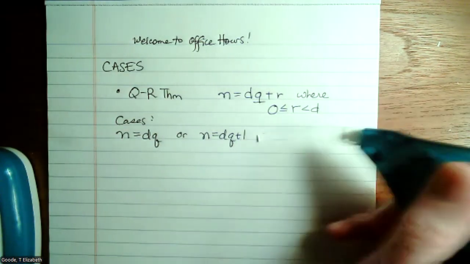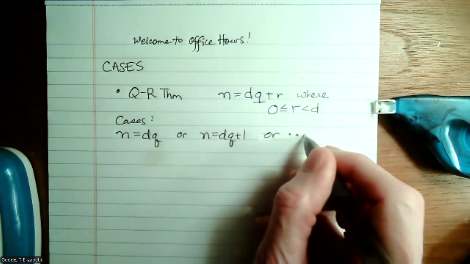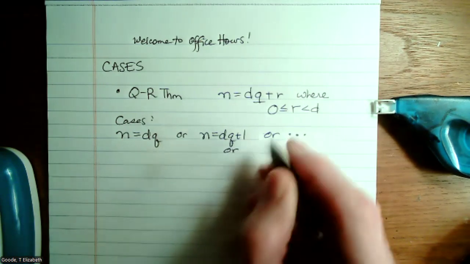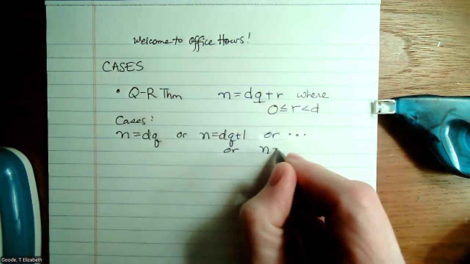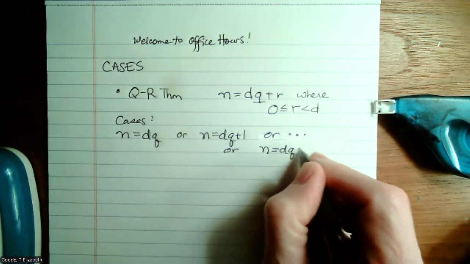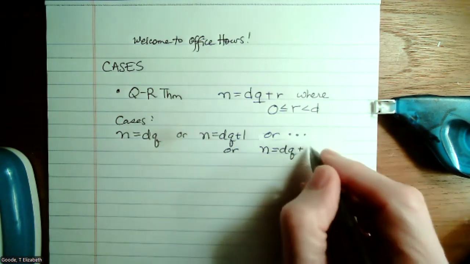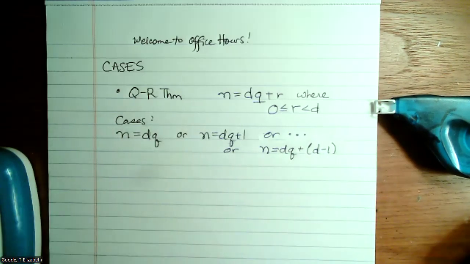It would be dq plus... So the remainder has to be at least one less than the divisor. So dq plus r minus one, dq plus d minus one. That's exactly right.